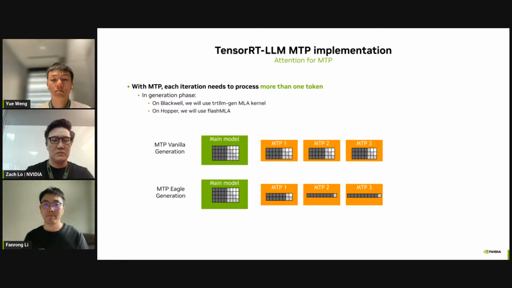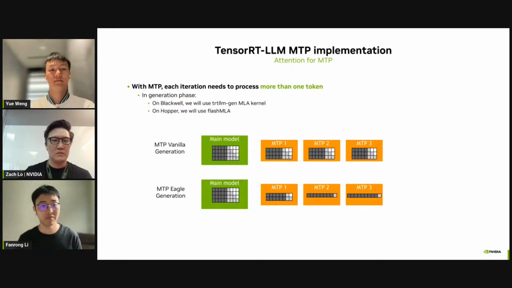To support MTP, especially for the verification stage, I mean the main model forward, we need to make some changes to the attention, mainly for the generation phase. For normal generation attention, we only need to input one token, but here we need to append the draft tokens at the end of the input token. So there are many different input tokens in the generation phase, and we need to change the attention kernel to support such a pattern.